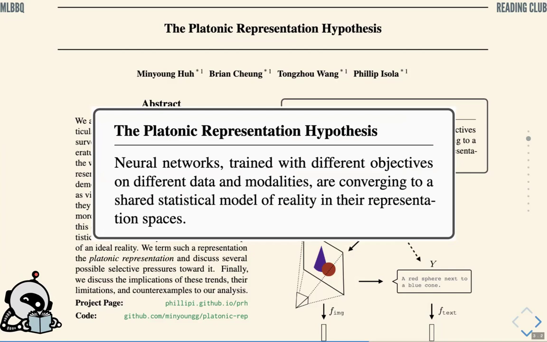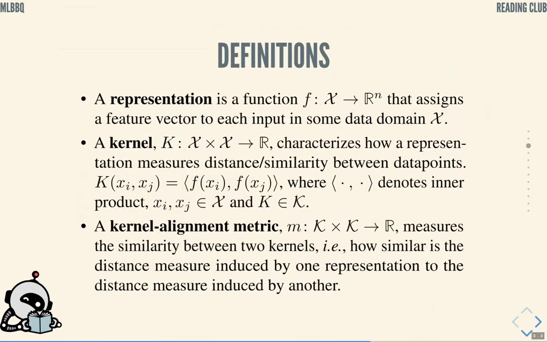So the only thing that they're saying is, if we have a neural network f that maps from data to some n-dimensional space, and we have different neural networks, then we can define a kernel that takes the mappings and computes cosine distance or inner product of the representations. And then we can take two different functions, f and g, two different neural networks, and compare the kernels that they induce.